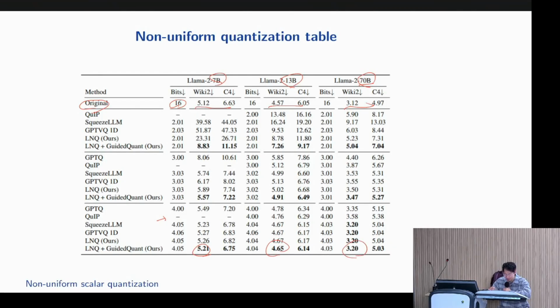If you start to use 3 bits and 2 bits, you observe a significant performance drop. But 4 bits gives you roughly a factor of 4 saving in memory, while the performance is pretty much the same. So there's no reason to not do this.